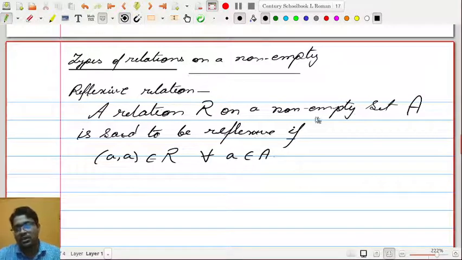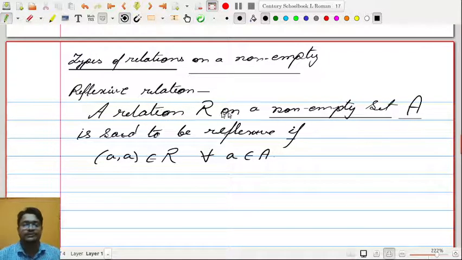That is why we are not talking of relations on empty sets, and why I have defined it for a relation R on a non-empty set. So a relation R on a non-empty set A is reflexive if (a, a), that is, a is related to itself, for every a inside A. This part is important: for every a, it should be related to itself.